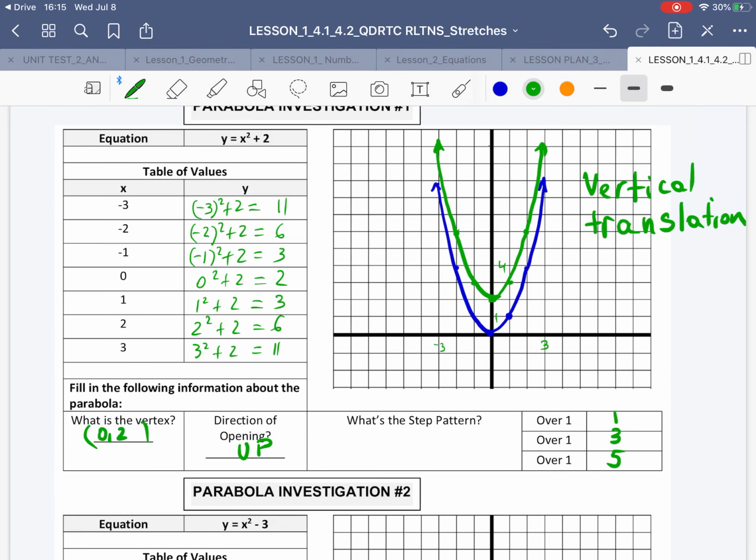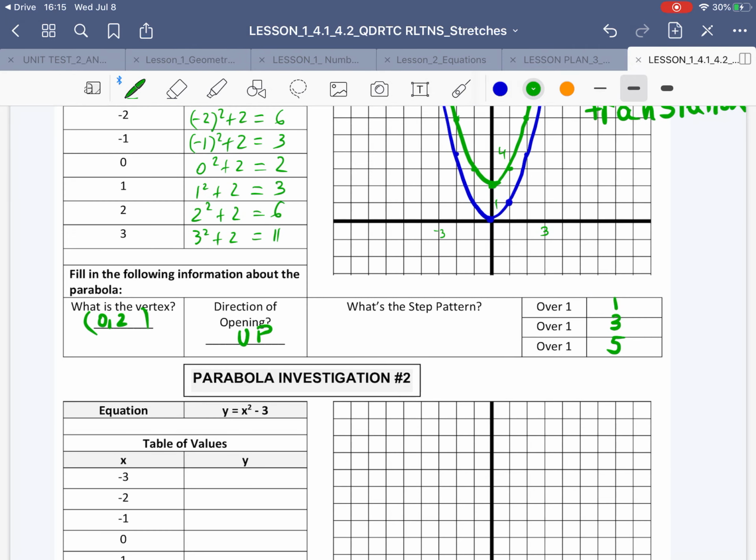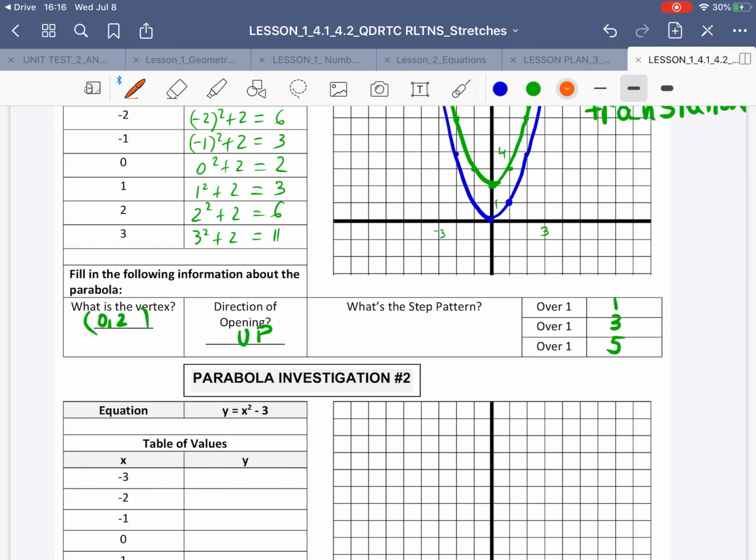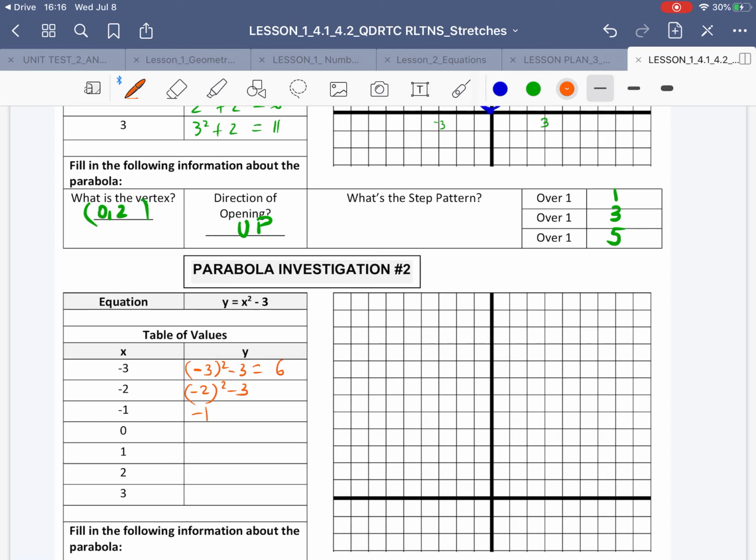In the next investigation, instead of adding a number, we are subtracting a number. If we were to complete the table of values again, we would have negative 3 squared minus 3, that's 9 minus 3 is 6, negative 2 squared minus 3, negative 1 squared minus 3, 0 squared minus 3, 1 squared minus 3, 2 squared minus 3, 3 squared minus 3.